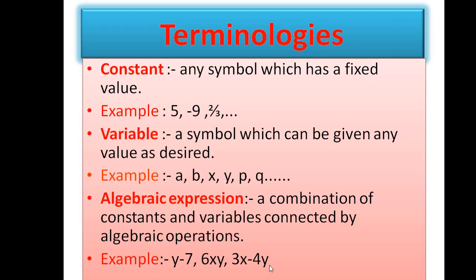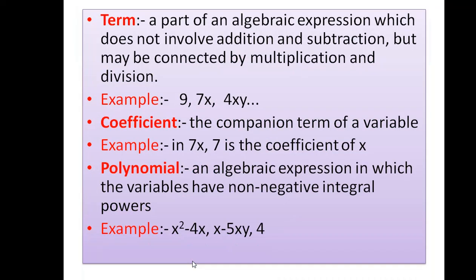Constants will be there, variables will be there, connected by any of the operations like addition, subtraction, division, multiplication, anything it can be. With that it will be connected. So that is called an algebraic expression.